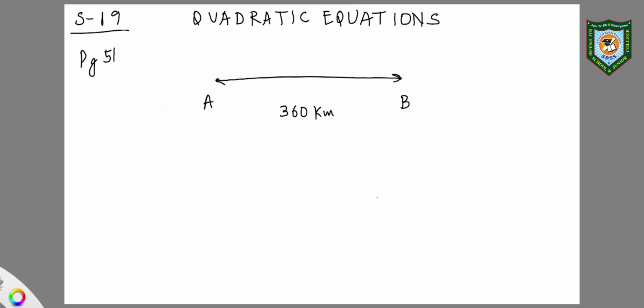Now, the important point here is to understand that distance is equal to speed into time. As we can see, the train is traveling from A to B, that means the distance is always going to be constant.